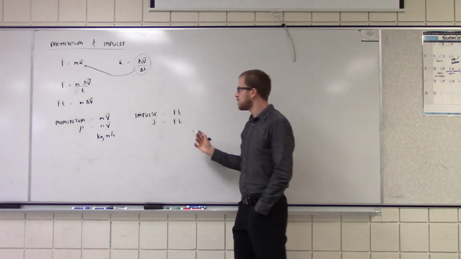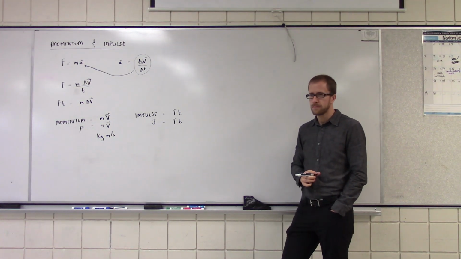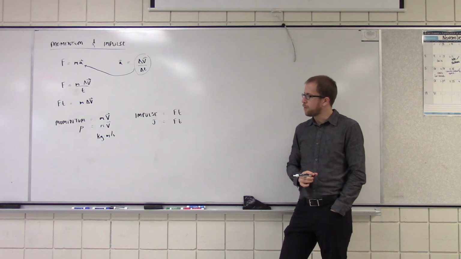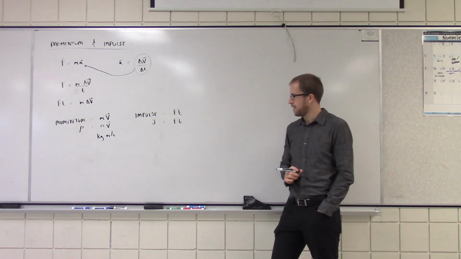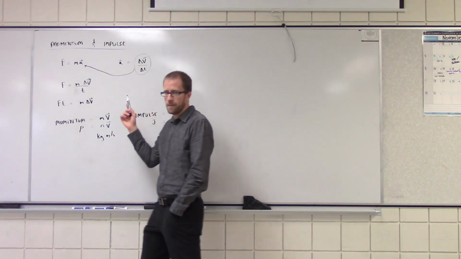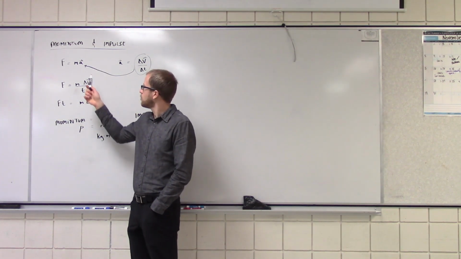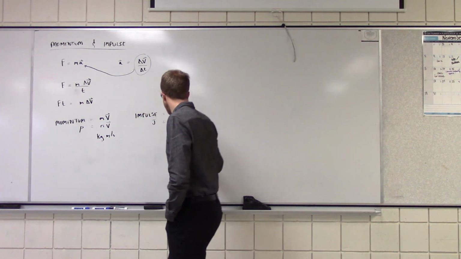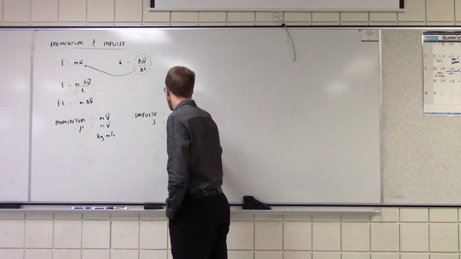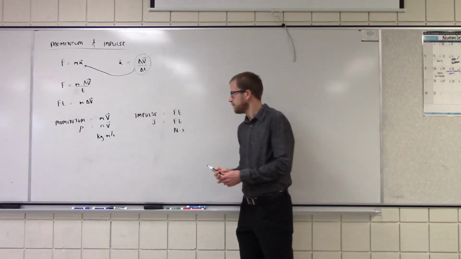What are our units for impulse? What are our units for force? Newtons. And how did we measure time for Newton's second law? In seconds, yeah. So it's going to be Newtons times seconds.